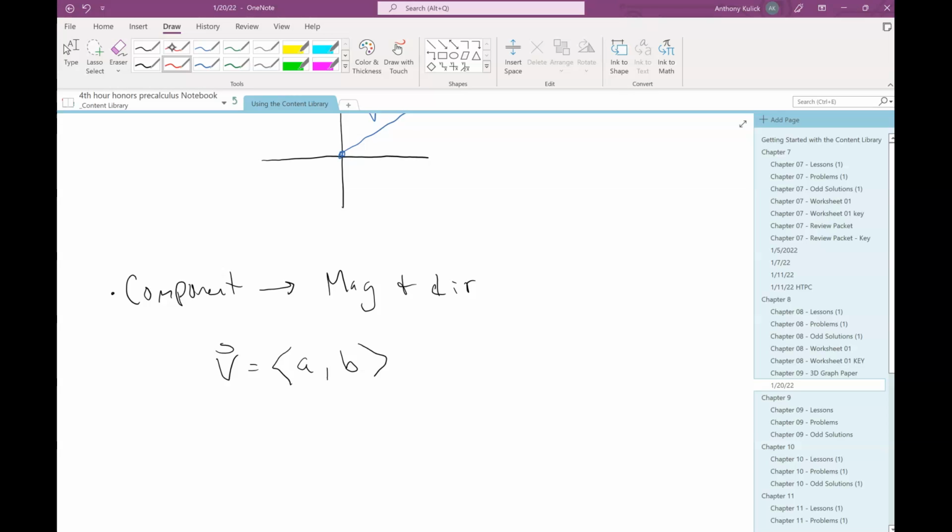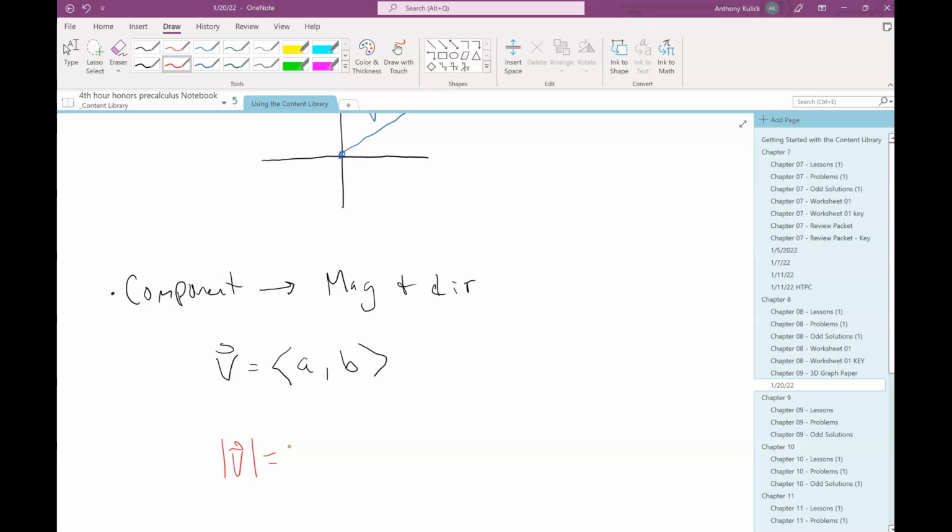Everybody's okay with that? And I can calculate the length of something in the Cartesian plane, the xy coordinate system, by just using the distance formula. Everybody's okay with that? So in component form, I remember the distance formula is the square root of x1 minus x2 squared plus y1 minus y2 squared.